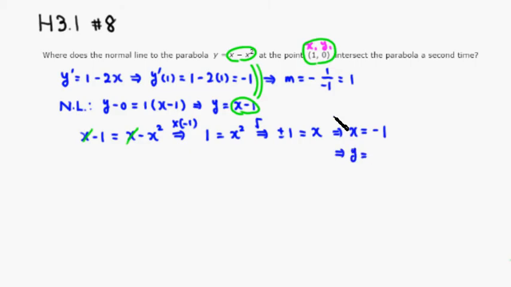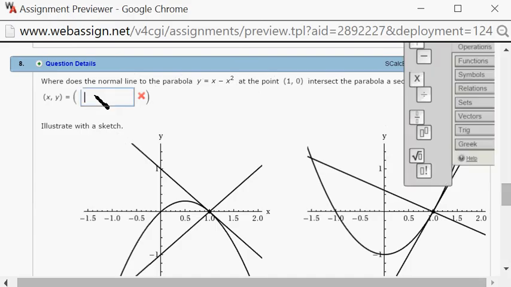I'm using the equation of the normal line, so y is negative 1 minus 1, which is negative 2. So x is negative 1 and y is negative 2. Let's type it in: negative 1 comma negative 2. So that's the point.